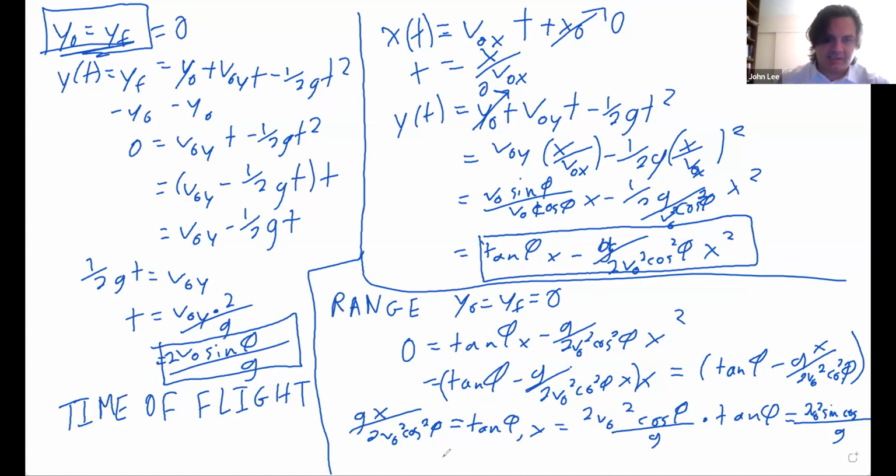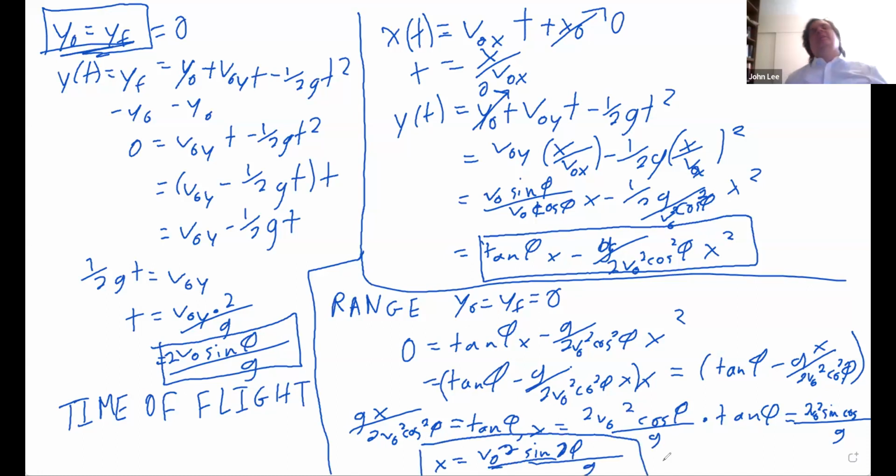So this gives us x equals v naught squared sine of 2 phi over g. So this is the range. This is how far it will go if y naught equals y final equals 0.